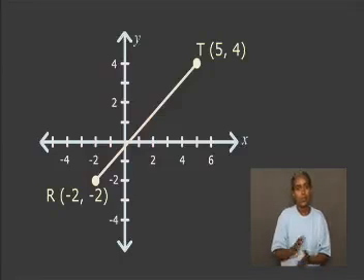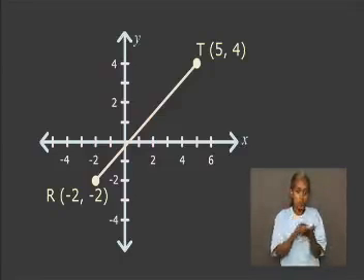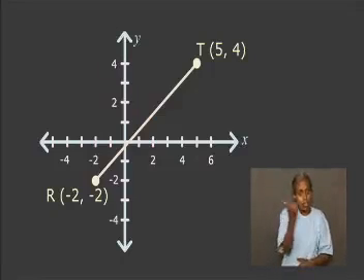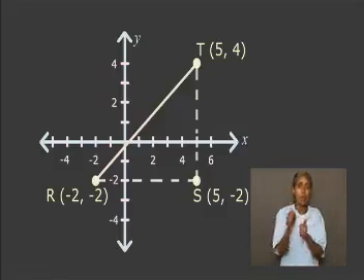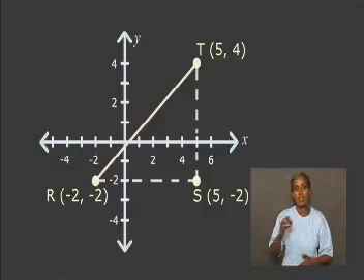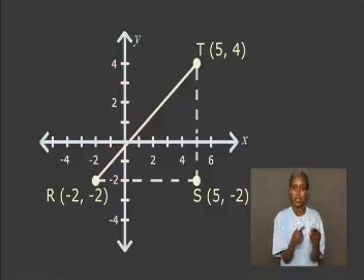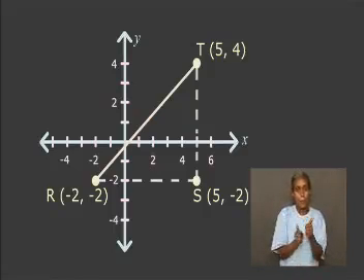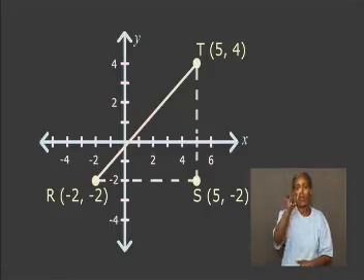To find the distance between the points R and T, draw a line passing through R parallel to the x-axis. Then, draw a line passing through T parallel to the y-axis.